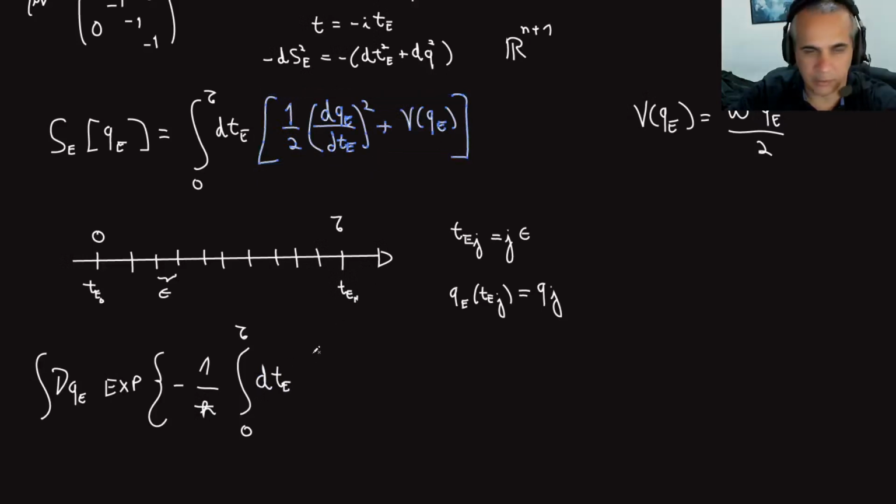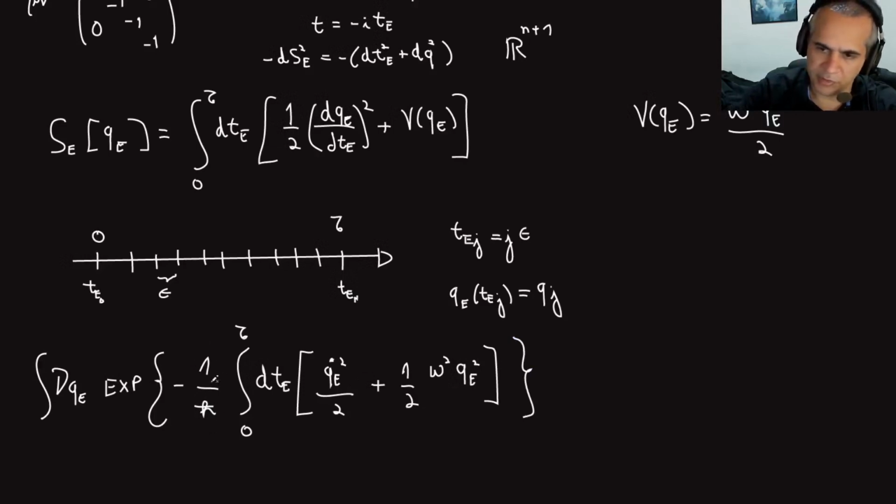Well, let me write it again in a better way: q_E dot squared over 2 plus half omega squared q_E squared.